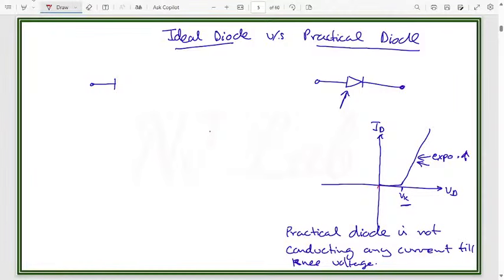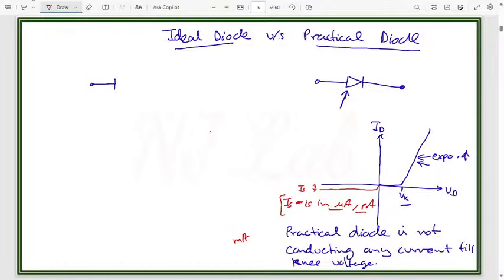Now similarly, for the reverse bias, as we have already discussed, the current is in this form, and this current is IS. It is in microamperes or picoamperes, meaning it is so small that it can be ignored if the current in the circuit is flowing in milliamperes. This is a very small current.